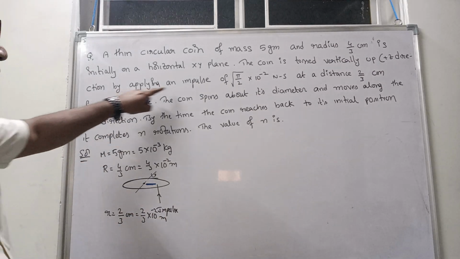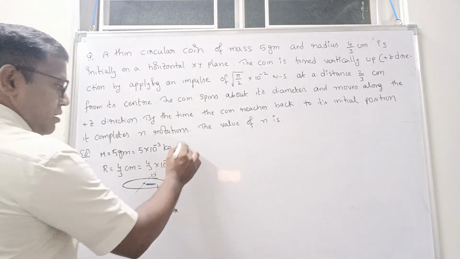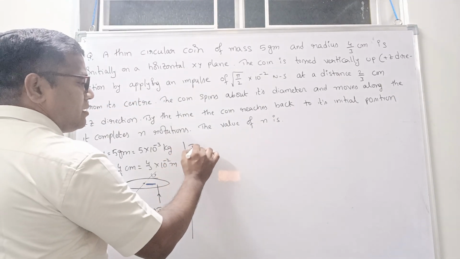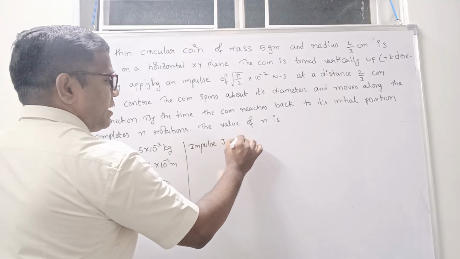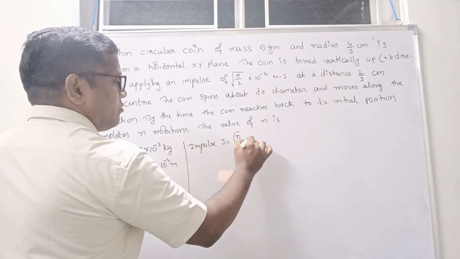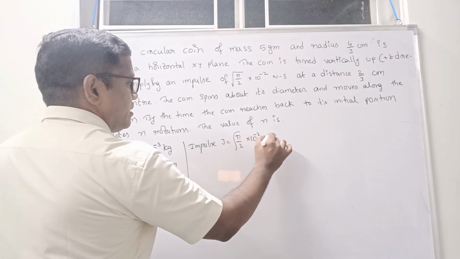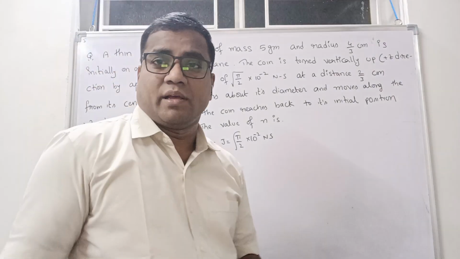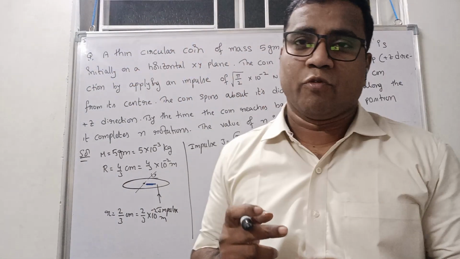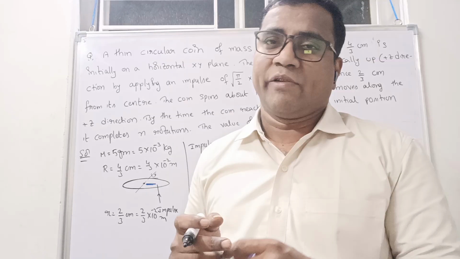After that, he applied an impulse. Impulse J is equal to root of pi by 2 into 10 power minus 2 Newton second. Now we have to find how many rotations it did, so we have to calculate the n value.